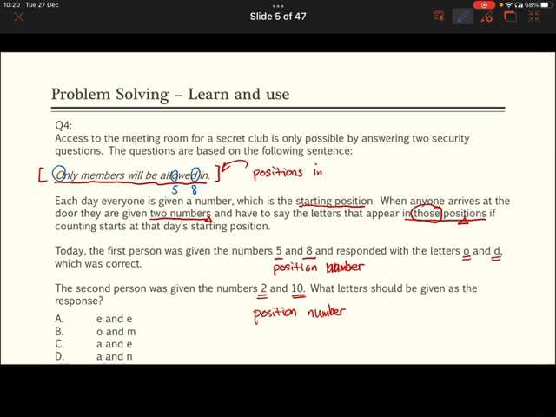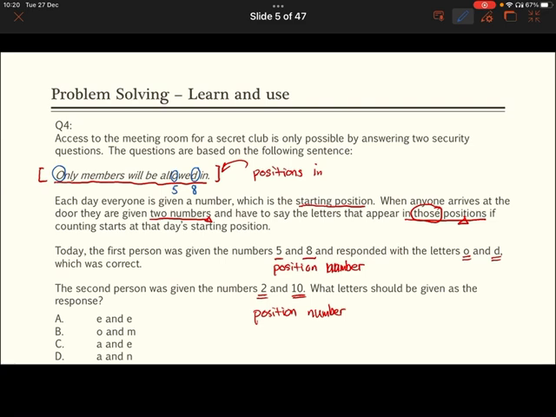If we put the number 5 and 8 to the O and the D, we'll find out. Okay, that makes sense, because after we collect all the information, we find out the information we are missing here is the starting number. In this question, they didn't tell us where the starting number is. But we know O's position number is 5 and D's position number is 8.